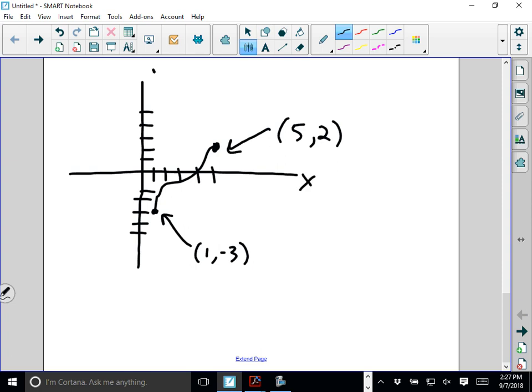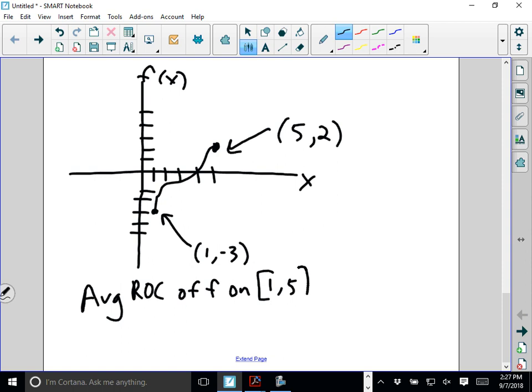Now I want to know, what is the average rate of change of f on the interval 1, 5? Our average rate of change of f on the interval from 1 to 5 would simply be, again, 1 is representing our A, 5 is representing our B. We have f of B minus f of A over B minus A, or the slope of the line that connects those 2 points, right?